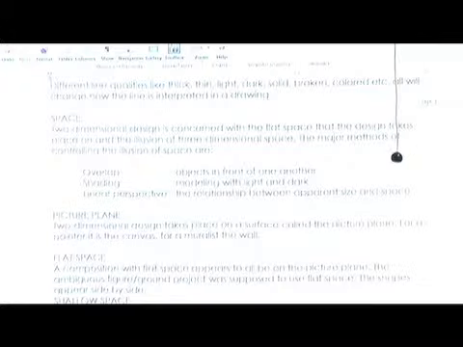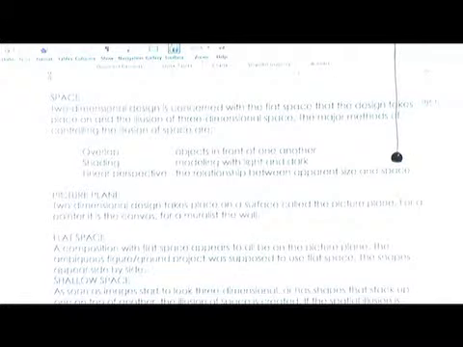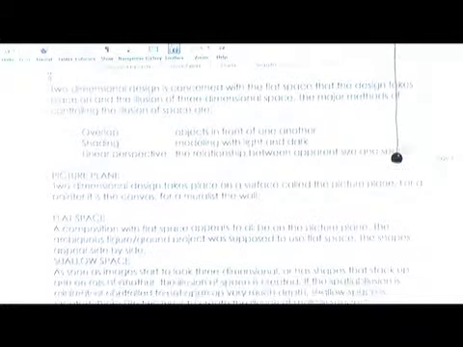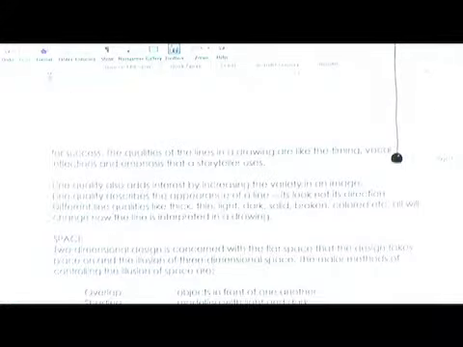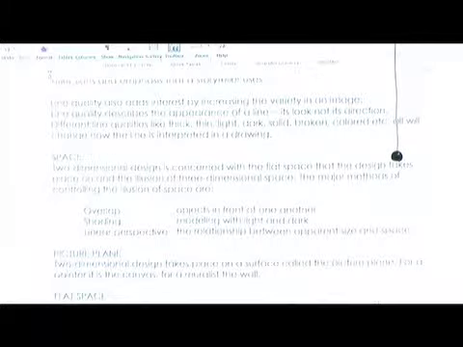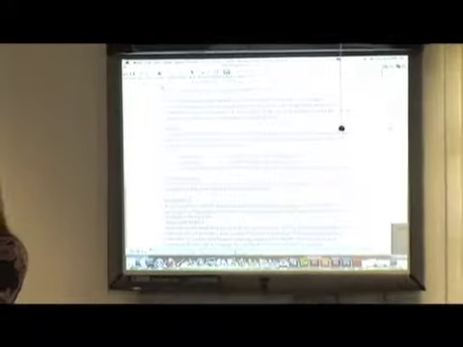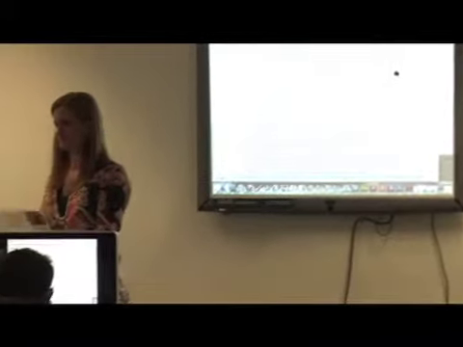So now we're going to talk a little bit about space. I know we've been discussing space a little bit. And one of the things that is very, very important is that you don't always need to try to fill out the whole space with something.